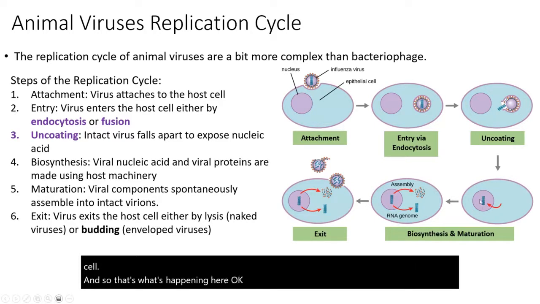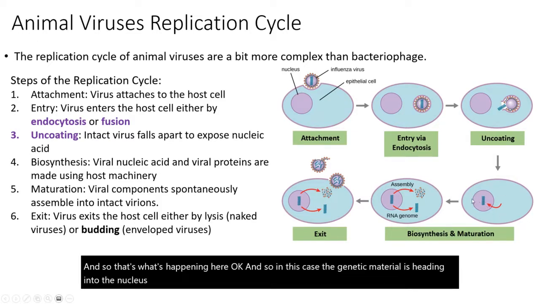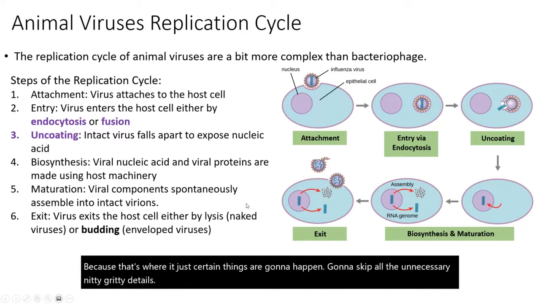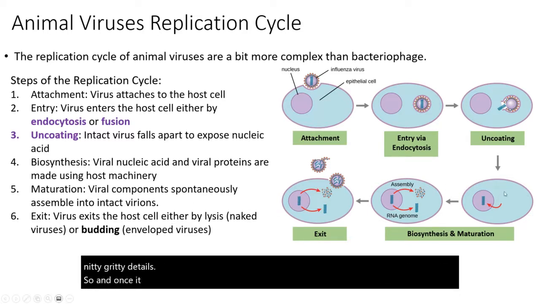And so in this case, the genetic material is heading into the nucleus, so we can probably guess, because that's where certain things are going to happen. I'm going to skip all the unnecessary nitty-gritty details. So once it goes to where it needs to go, it is going to start making more copies of the genetic material.